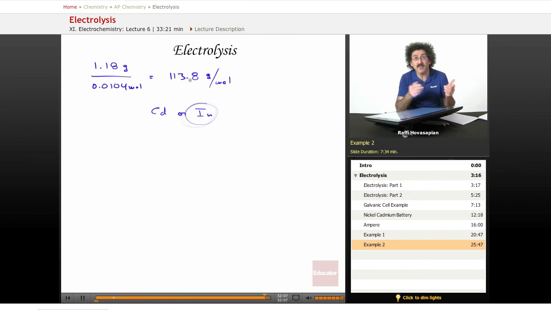Or maybe it's the one before cadmium, maybe it's the one after indium. Well, you have other information at your disposal. Cadmium doesn't form a 3+ ion. Indium does form a 3+ ion. The thing right after indium doesn't form a 3+ ion. So indium is our guess.